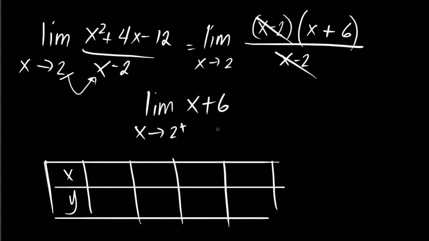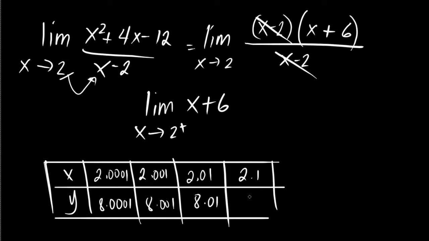Numbers that are higher than 2 but very close to it. 2.1, 2.01, 2.001, and 2.0001 plus 6. That's 8.0001, 8.001, 8.01, and 8.1. As you can see, we are close to 8. So draw a box around that and you're good.